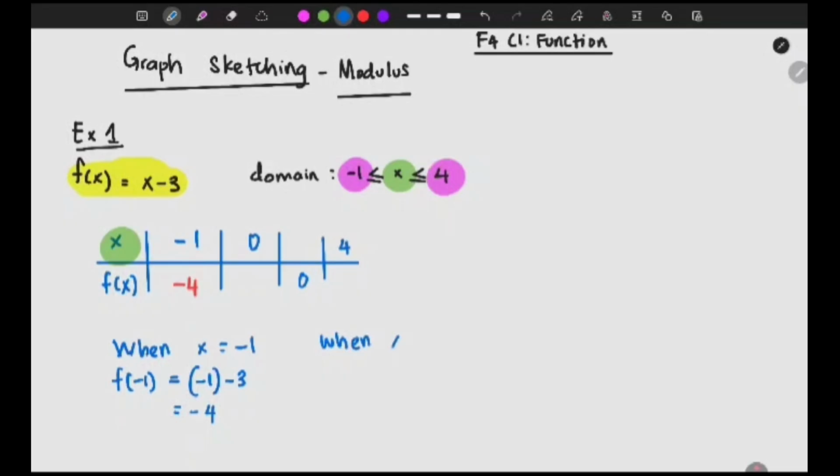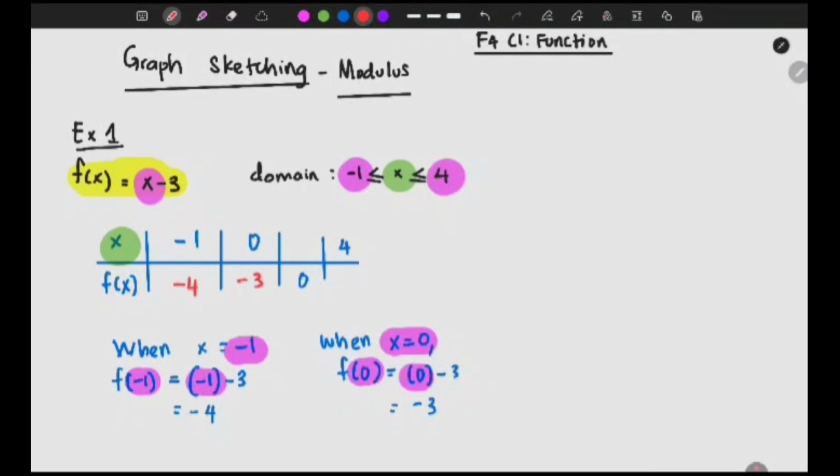When the x is 0, sub 0. When your x is -1, sub -1. When your x is 0, sub 0, because you are substituting the x value into the equation. So 0 minus 3 is -3, so key in -3.